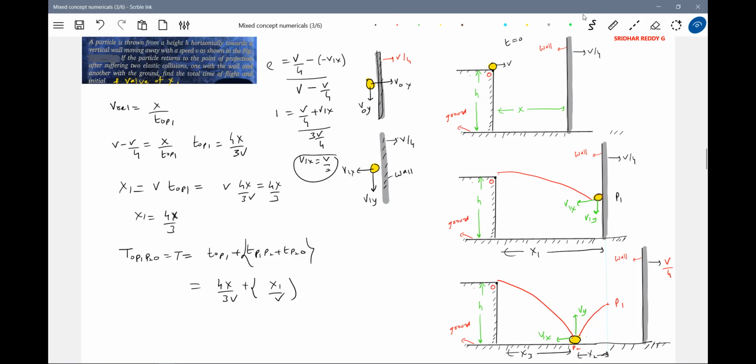Then how much height will it descend? 7R by 2. So Y should be equal to 7R by 2, so what is Vy? Vy squared we can write as 2gy. So 2g into 7R by 2, so 7gR.